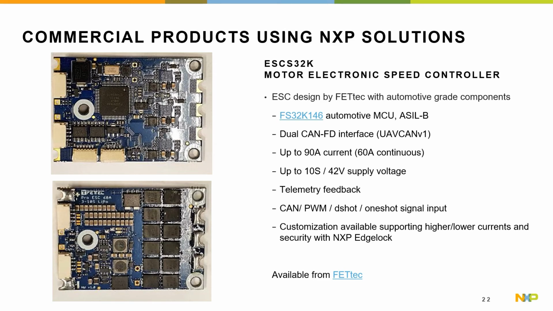Here's an example, some are 60 amp, some are 90 amp. They can support up to 10S or 42 volt input. There's telemetry feedback. They can support different ESC standards like DShot and OneShot, and are available with security components built in.